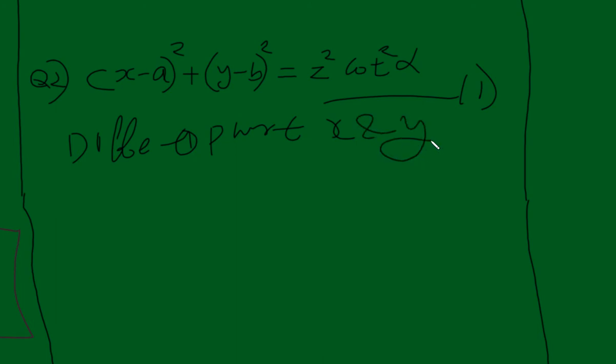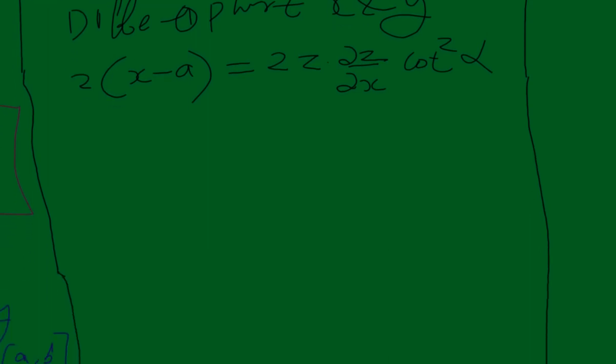What do we get with respect to x? 2 into x minus a is equal to 2z into dou z by dou x into cot square alpha. This is what we get when we differentiate the equation with respect to x.